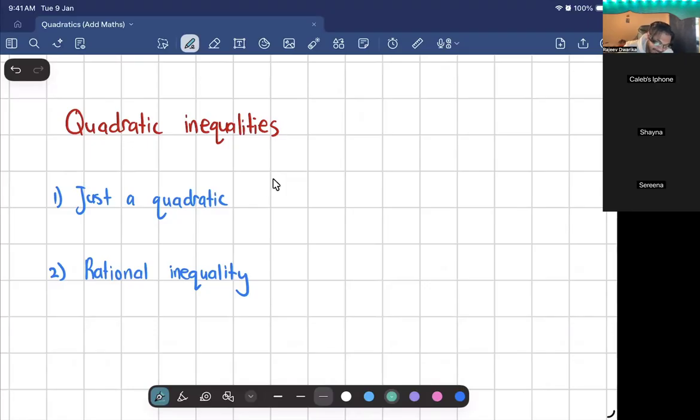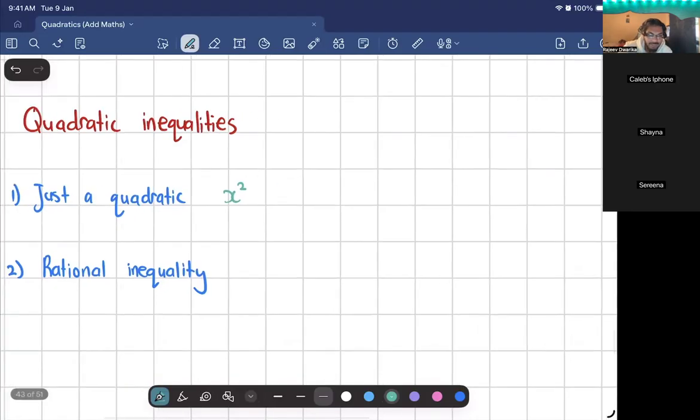I'll start you off, right? 1x squared. Yeah, just a quadratic expression with numbers. So like 1x squared plus 5x, and then we just say plus 6.